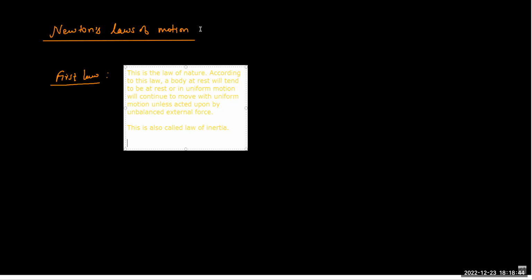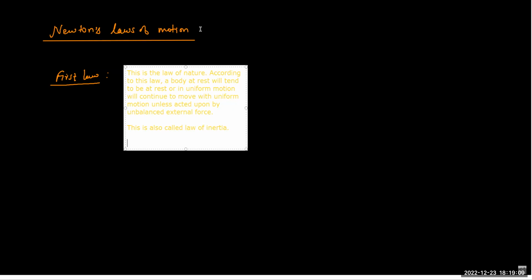So what is the actual Newton's idea of rest or motion? It is again frame dependent. Is it possible to actually observe something at rest in all frames? No. It is at rest only in some frame. So that's the whole idea. We cannot have a body which will be at rest in every possible frame in the world.